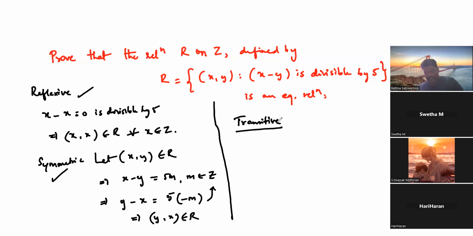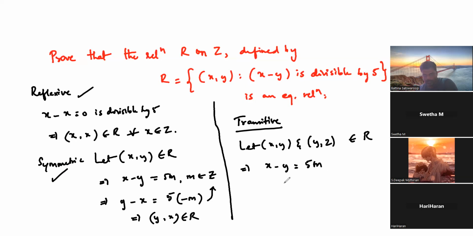Next one is transitive, sir. So, while doing transitive, what can we do? Let x, y and y, z belong to R. So now what will happen? x minus y is equal to 5m. y minus z is equal to 5n, where m, n belong to integers. Right?